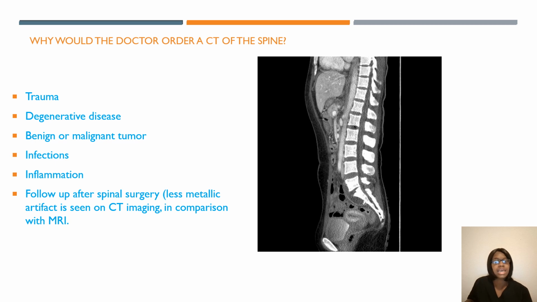Even if a patient has had some type of spinal surgery, they'll probably get a follow-up exam, or if they had a spinal surgery and they're having back pain. And CT will be better for this due to MRI having a lot of metal streaks or artifacts. But I work in MRI and we scan metal in the back, in the neck on patients all the time. But textbook wise, it's saying that CT has less artifact than MRI.